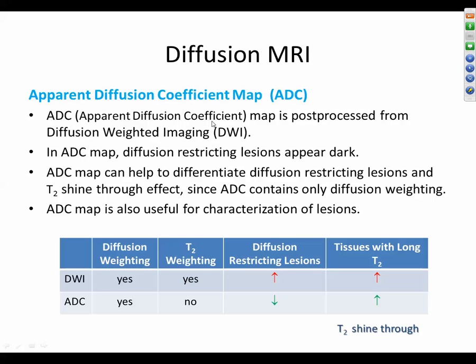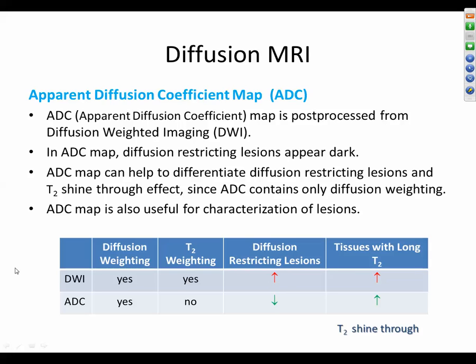The ADC map is basically a post-processed image from the DWI image. We acquire the DWI image using a special sequence, and ADC is just post-processed from DWI. In the ADC map, diffusion restricted lesions will appear dark. So the lesion looks bright in DWI and dark in ADC.